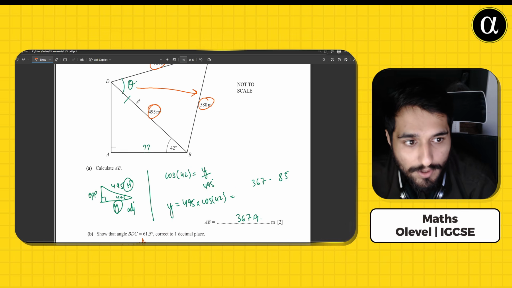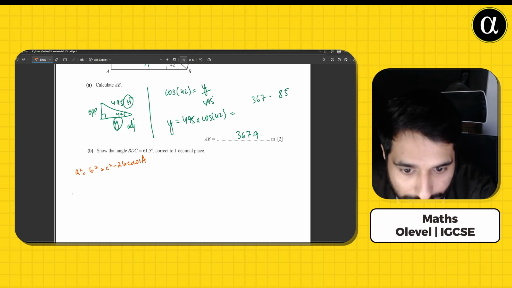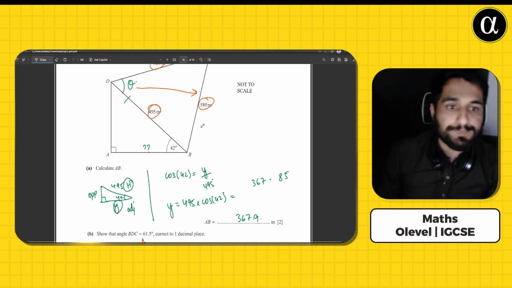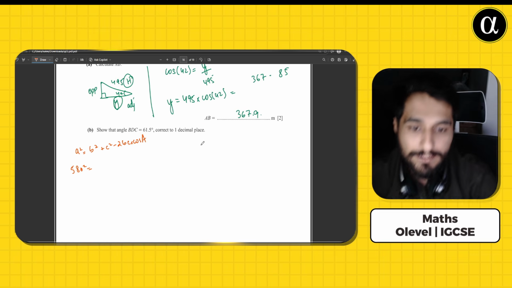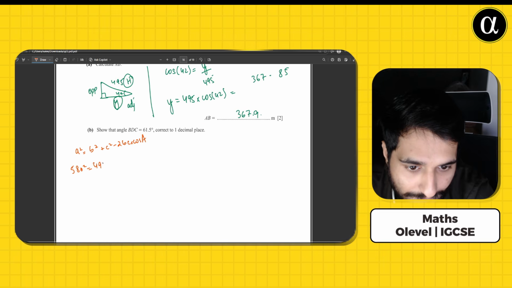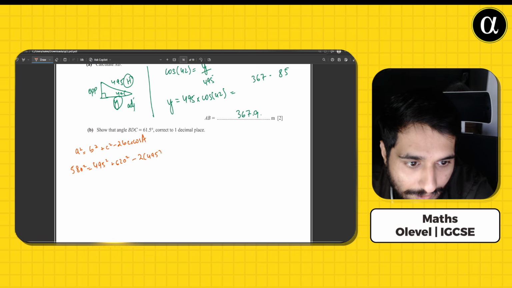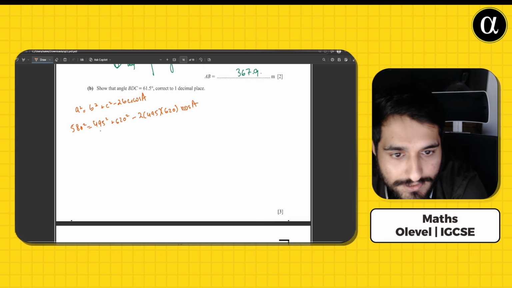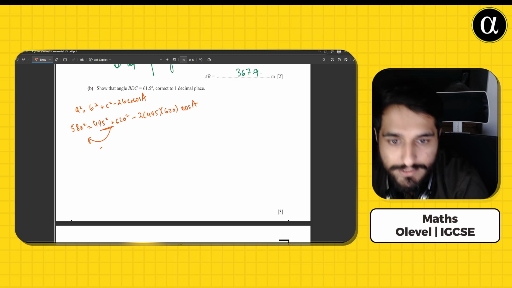So this would be what? This would be 580 square. 580 square is equal to 495 and 620 squares. So 495 square plus 620 square minus 2 of 495 and 620 times cos of angle, right? So we'll just subtract these numbers on the other side. When we subtract this on the other side, what am I going to get?